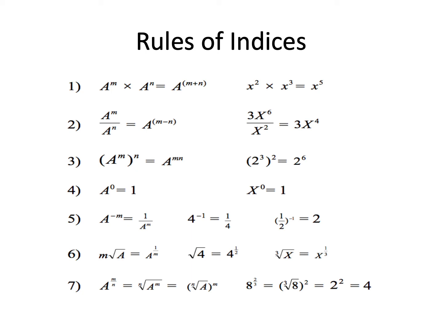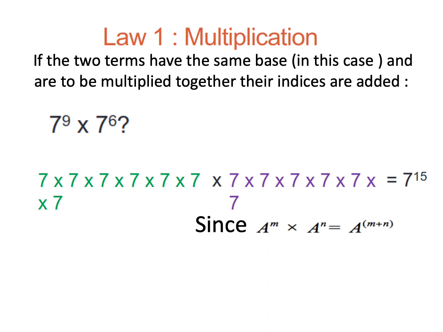The next one given below is the division law of indices. Here I have detailed the first law, the multiplication law of indices. According to the multiplication law of indices, the two terms have the same base.